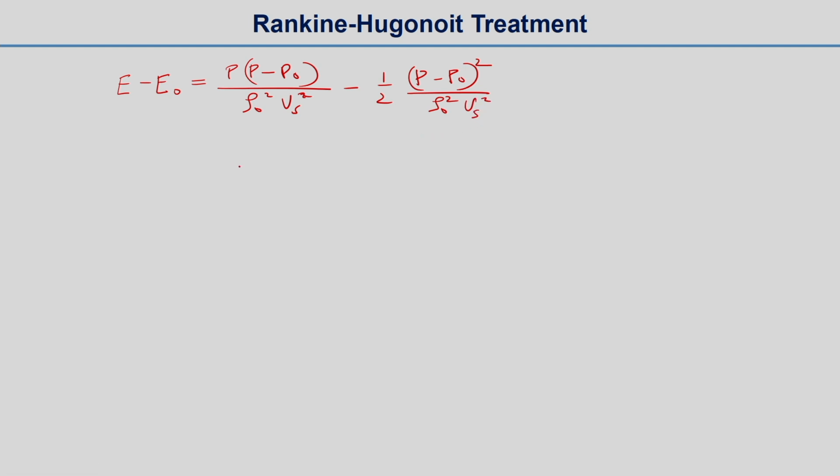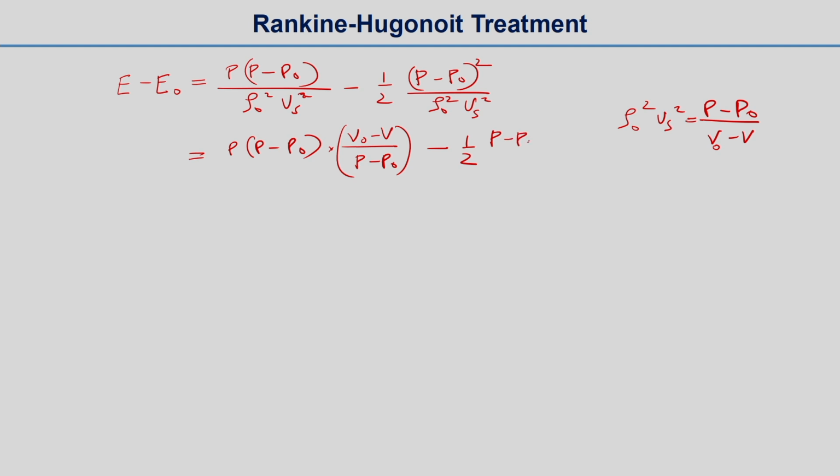The previous expression we got is rho naught Us square equal to (P minus P naught)(V naught minus V), sorry, V naught minus V. If we substitute this, we get (P minus P naught) multiplied by (V naught minus V), over (P minus P naught), and then minus half of (P minus P naught) square times (V naught minus V) over (P minus P naught).